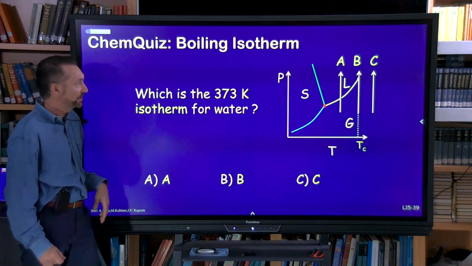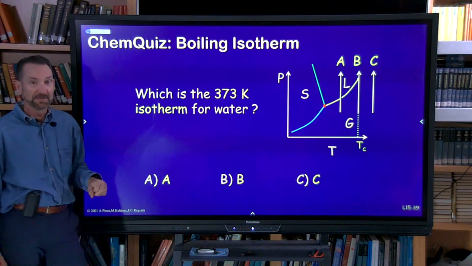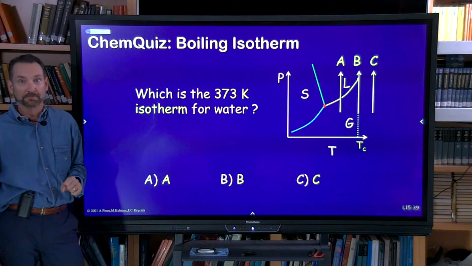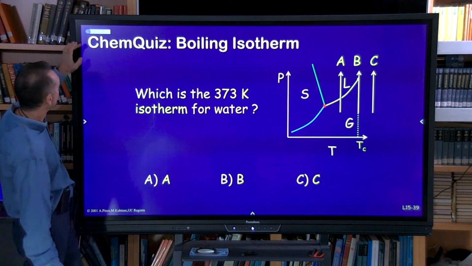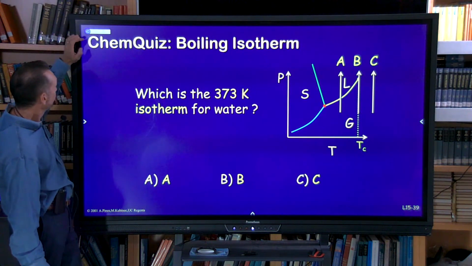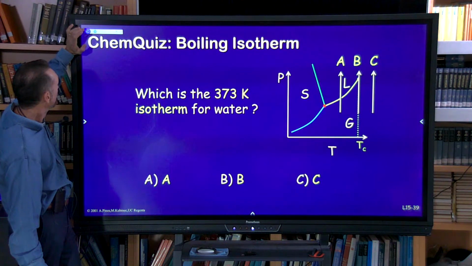That's a pressure temperature plot. So we're looking at a phase diagram, which is the 373 isotherm for water, A, B, or C? So think about that for a second, and we will take a vote on that.